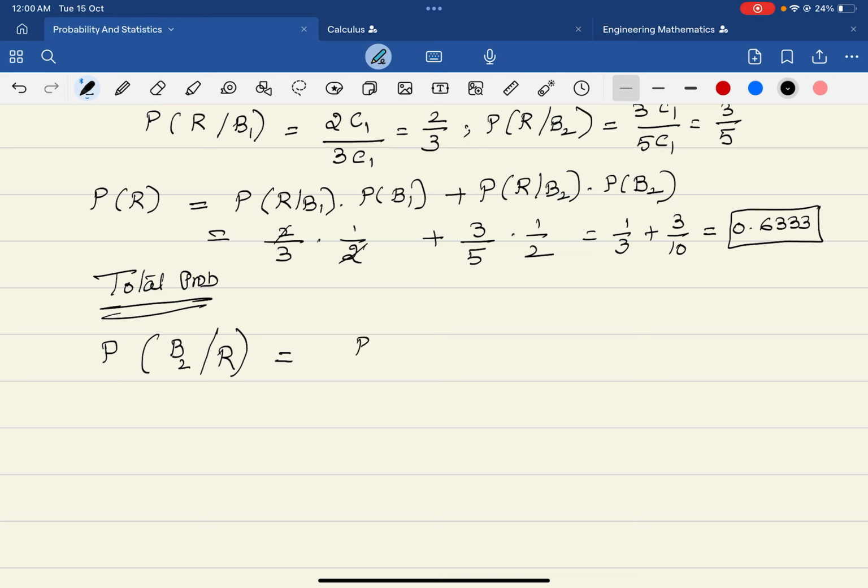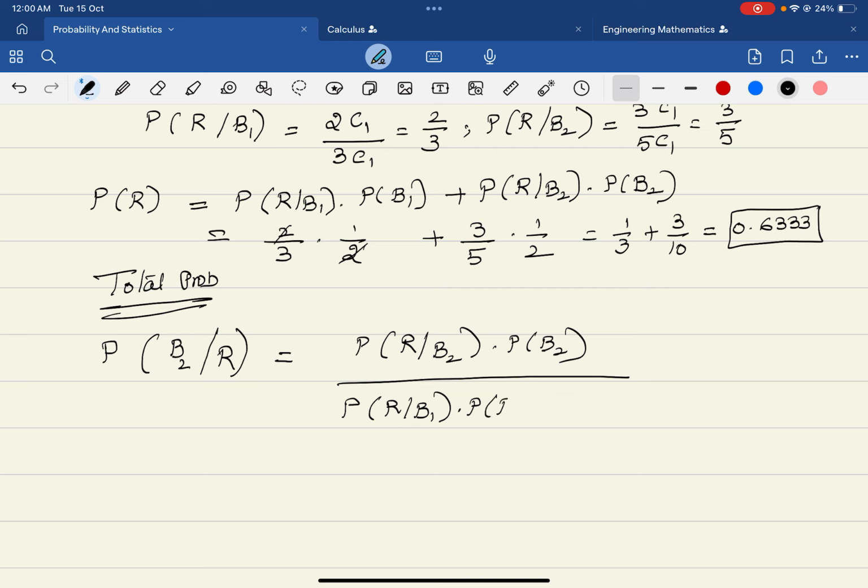This is given by P of R given B2 multiplied by P of B2, over P of R given B1 multiplied by P of B1, plus P of R given B2 multiplied by P of B2.